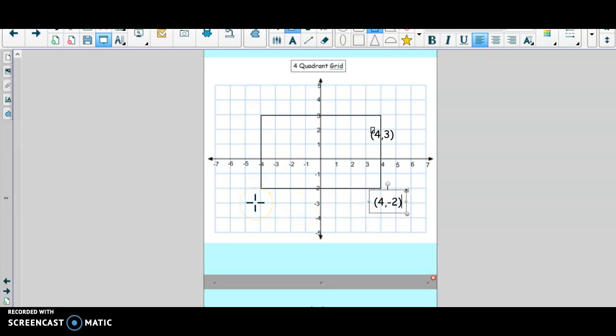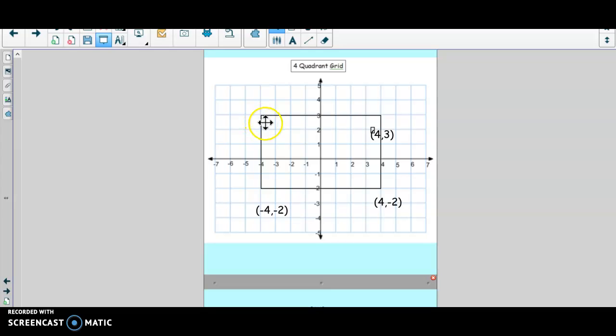How about this one? So we're going backwards 4 this time on our x-axis, so it's got to be -4. And we're in the negative part of the y-axis, aren't we? Because we've gone down, so it's got to be -2.